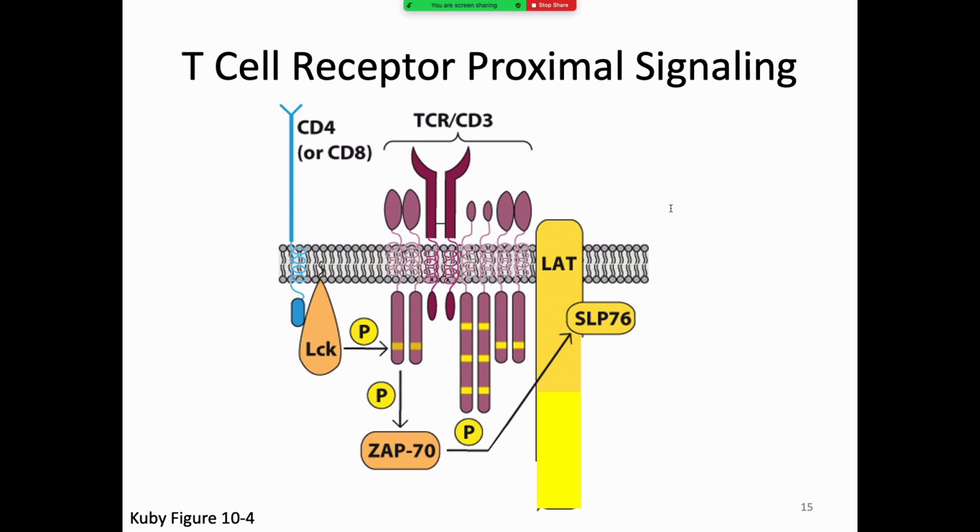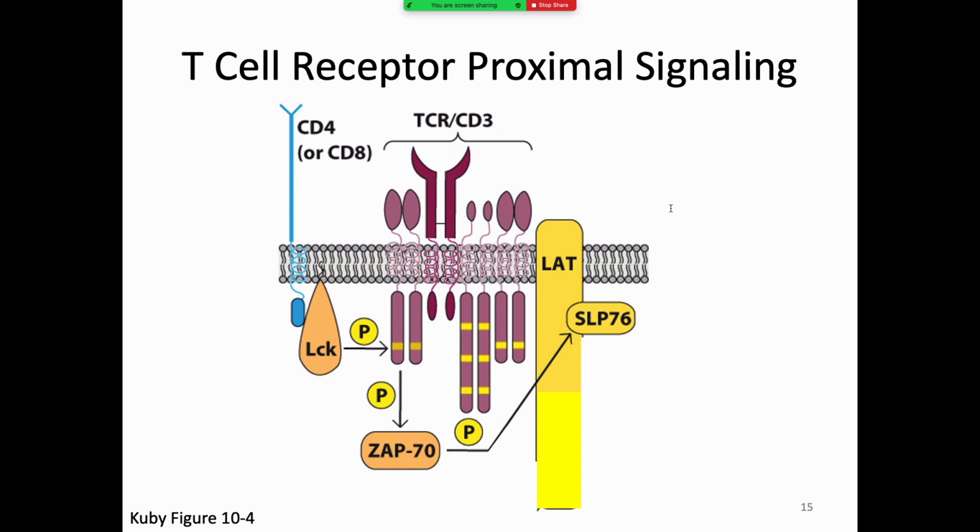So LAT and SLP76 are both the same type of protein. They both play the same function in this process. You can sort of get that one word for what they do is linker, which is what the L stands for here. Although I usually use a term called adaptor proteins.